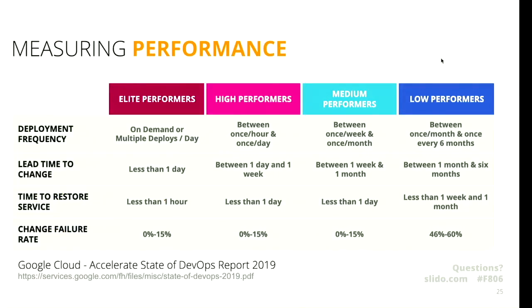In terms of deployment frequency, they're doing it on demand, whenever they want to do that, or multiple times a day. The time it takes for them to get from development into production is less than 1 day. If something goes wrong, if the system goes down, they're able to put it back up in less than an hour. And the frequency to which their software breaks is under 15%.